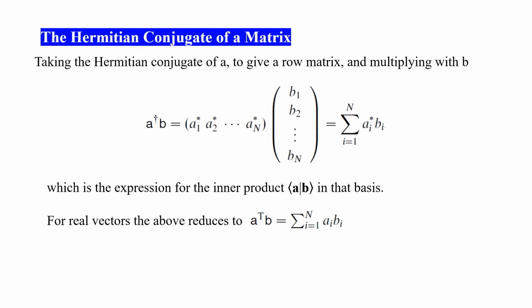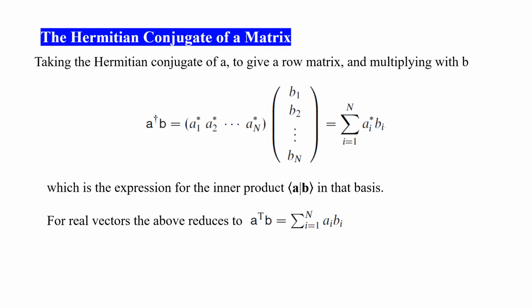But in order to get the corresponding bra to ket A, we took the Hermitian conjugate of vector A. That is, we took the transpose and then we took the complex conjugate. Or you can also do it the other way, wherein you take the complex conjugate of vector A and then take the transpose. So here, again, taking the Hermitian conjugate of A gives a row matrix.